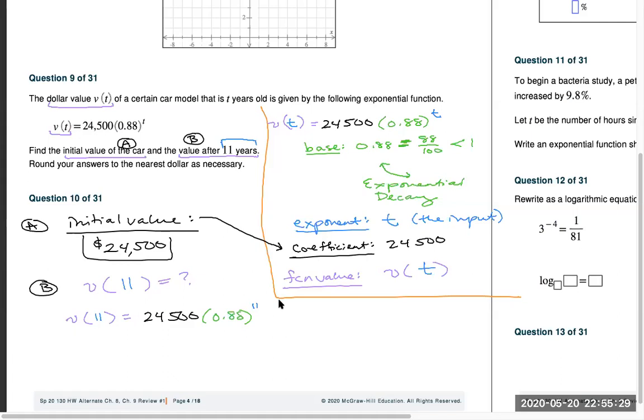If you do that, this comes out to 6004.481043 in your calculator. Now remember, you want to look for what you need to round to here, round to the nearest dollar. So that's about $6,004.